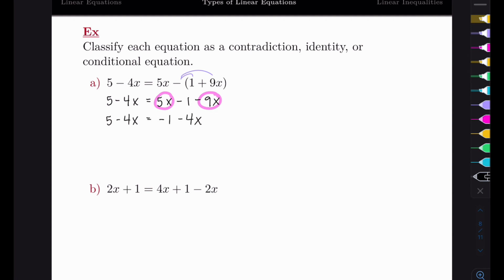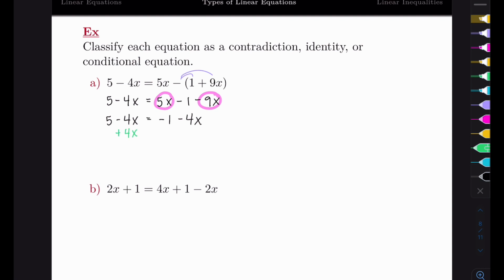And at this point, you actually could stop if you recognize you have the same x values on both sides, but you have different constants. So this actually is going to be the case of a contradiction. But if you didn't recognize that, that's okay. You still go about this solving the same way.